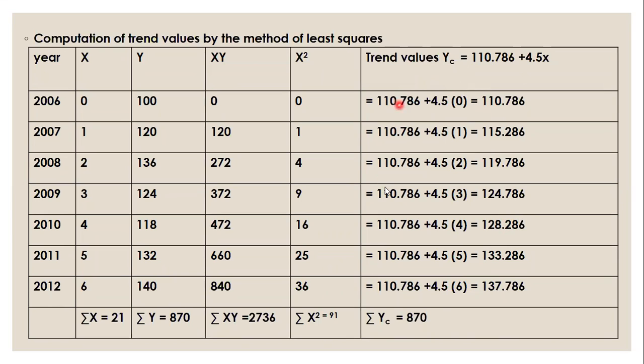Okay. Now once you find all the trend values, add all the trend values. Your addition of trend values is supposed to come the same as your y value. If you see here, you have 870 and also 870. So the addition of your trend values should be equal to your y value variable.